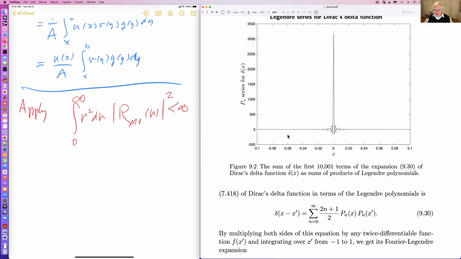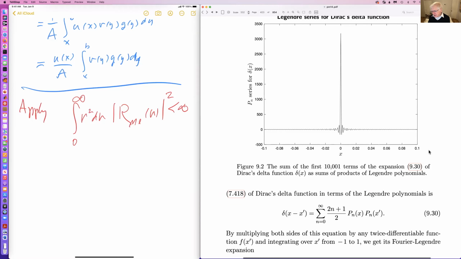And in fact, you see that here: the x-axis goes from minus 0.1 to plus 0.1. The y-axis goes from minus 500, in other words, this y-axis spans 4,000 units, and this spans 2/10 of 1 unit. So this is an amazingly high spike, and this is a very small distance compared to the y-axis. And so in the limit, this really is the delta function.